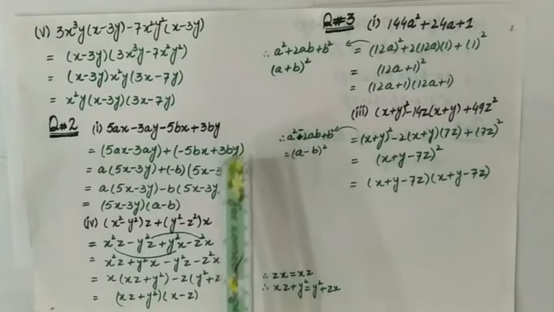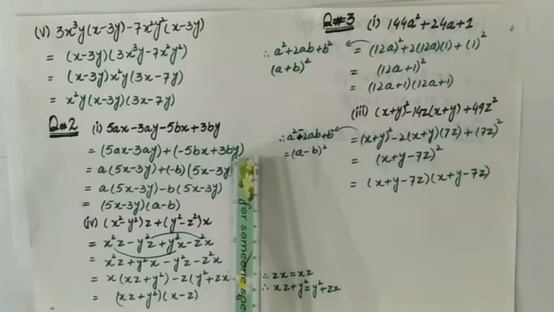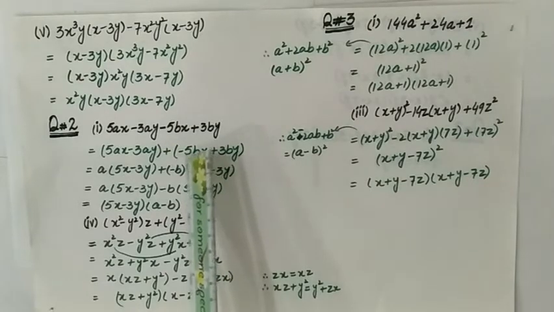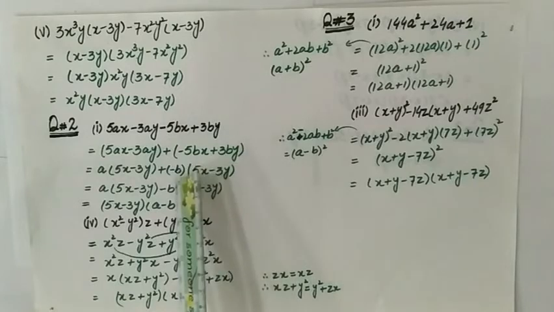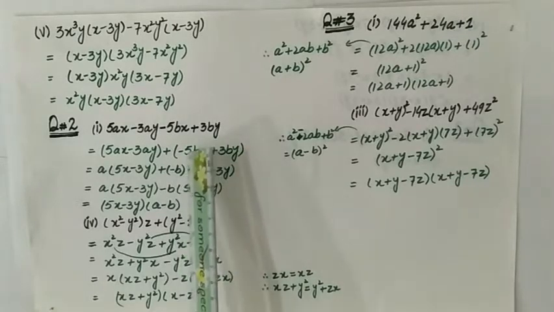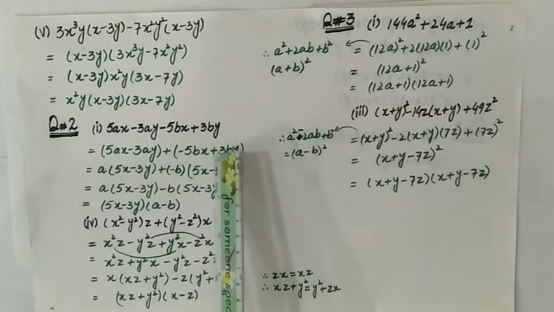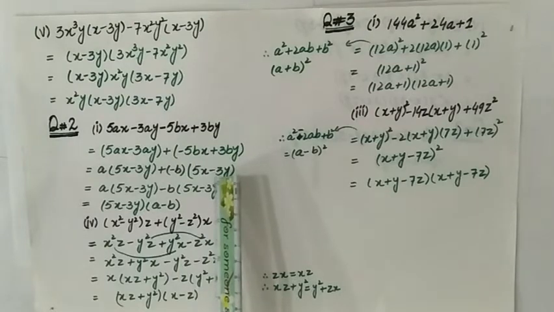In the second group, b is the common term. As the minus sign appeared with the first term, so we take minus b as a common. After taking the negative sign as a common, this positive will become negative.